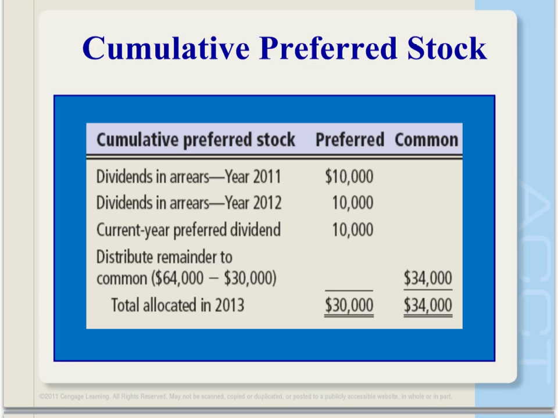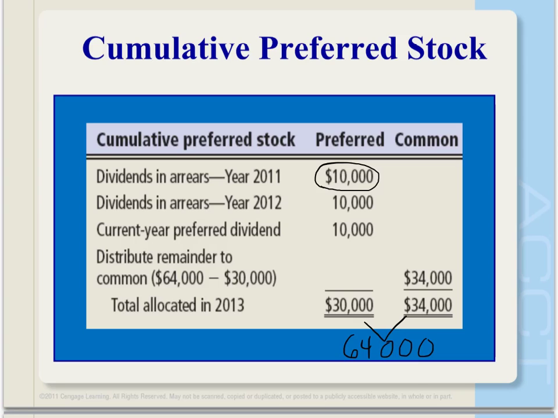So we're going to take a look at how we divide that $64,000, which you see here, between the preferred shareholders and the common shareholders. The preferred shareholders are guaranteed $10,000 a year.